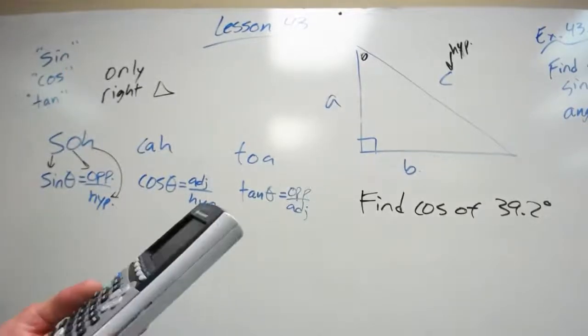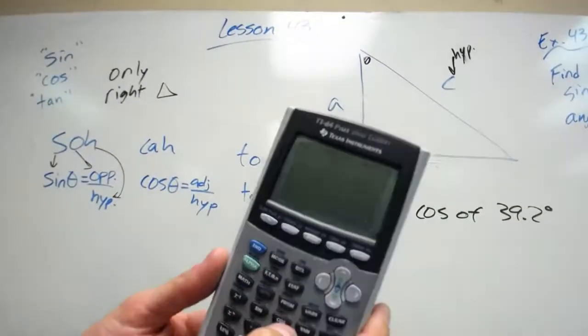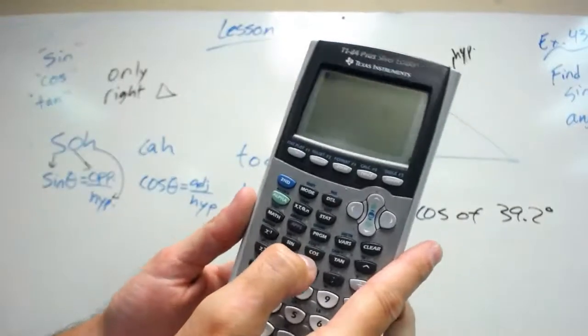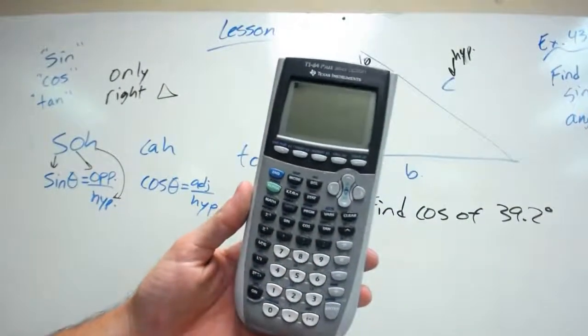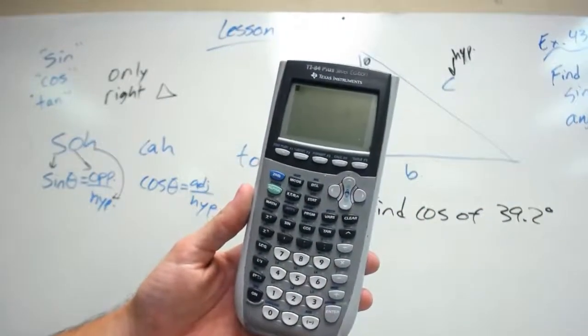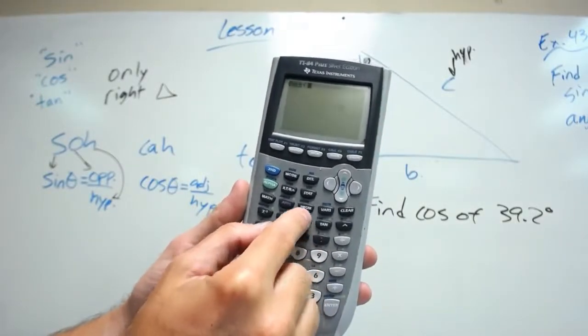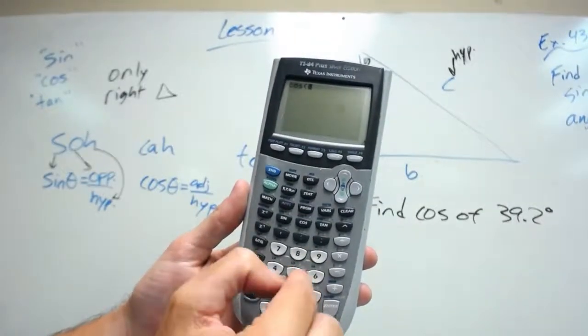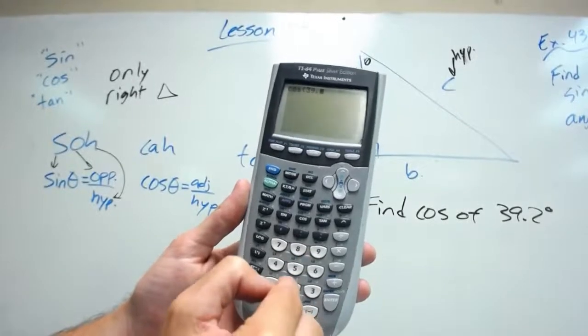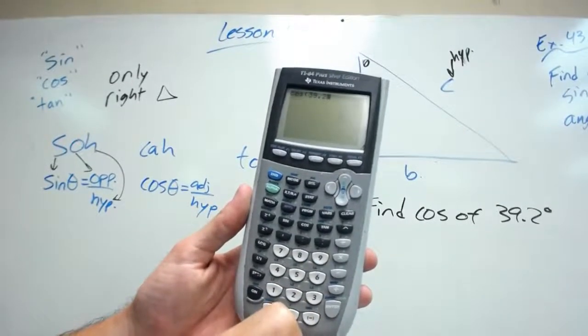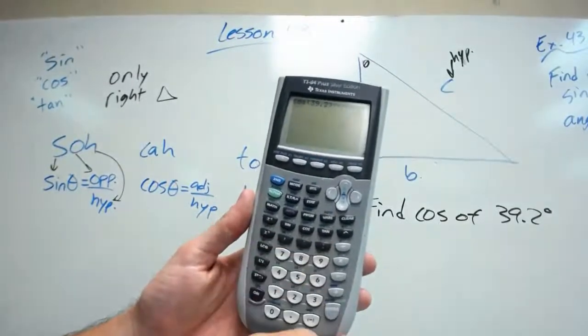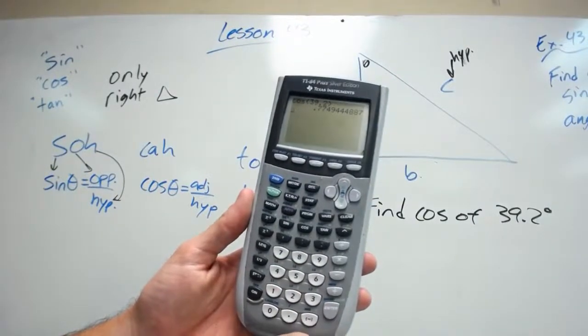So I'm going to show you. Many of y'all know how to do this, but if we're finding cosine of 39.2, we would type in cosine 39.2. You can close the parentheses if you want, don't have to. And then you push enter, and then get your answer.